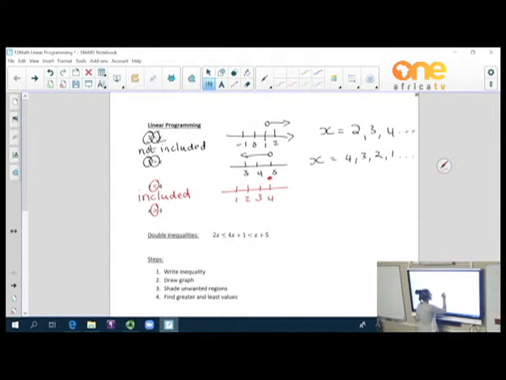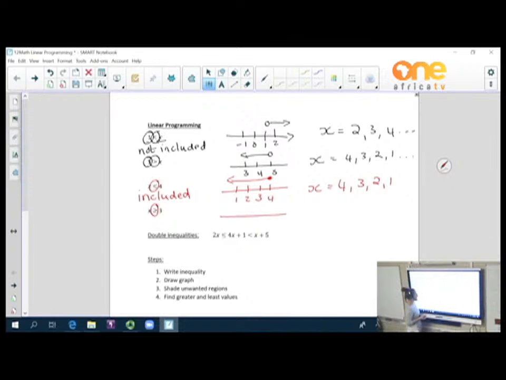So you will have a closed circle, a solid circle, and it will go to the smaller side because x is less than or equal to. And if we need to find the answer to x, we will include 4, 3, 2, 1. Because 4 and equal to means 4 can also be an answer.